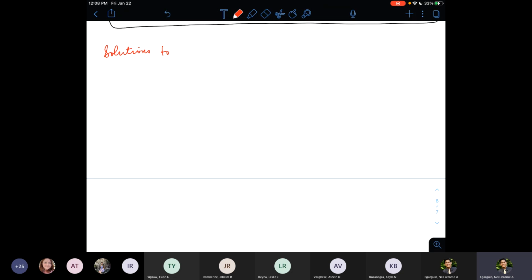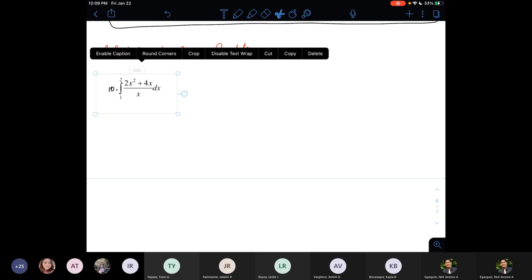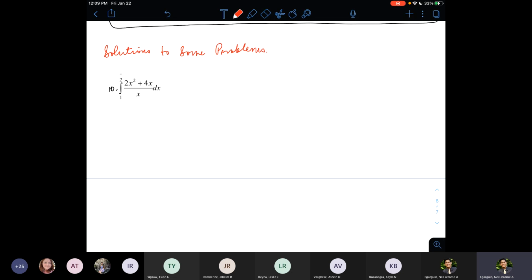Okay, so let's start with problem 10. For this particular problem, I see that maybe the difficulty here is that we have a denominator x.